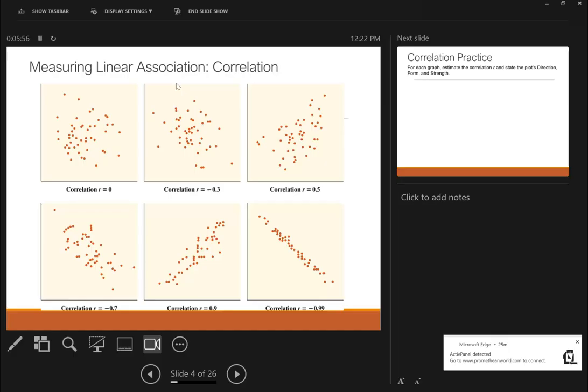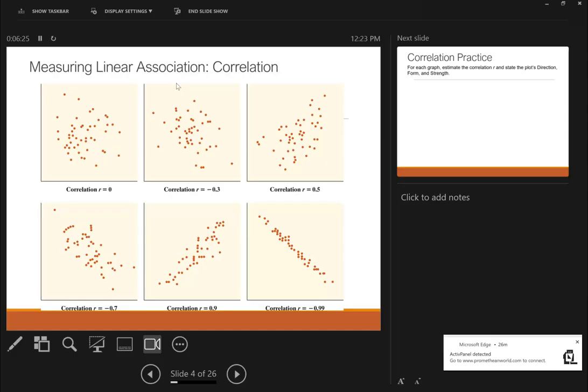There doesn't look to be any real noticeable upward or downward trend. If I look at the next scatter plot, that's still quite weak, but there does appear to be a little bit of a downward trend. You can kind of see if you look carefully that the graph is trending down from left to right.